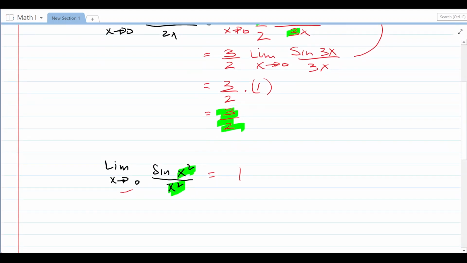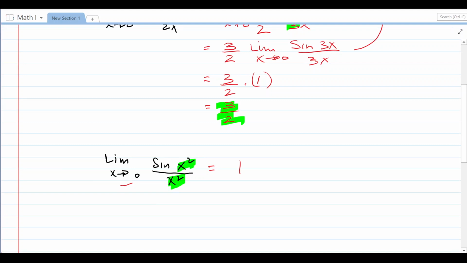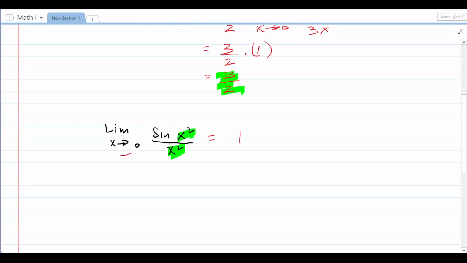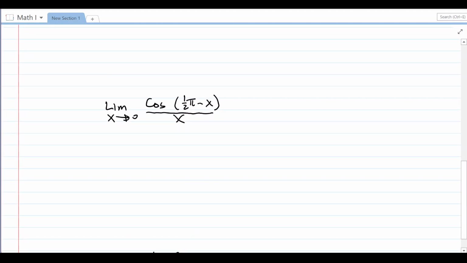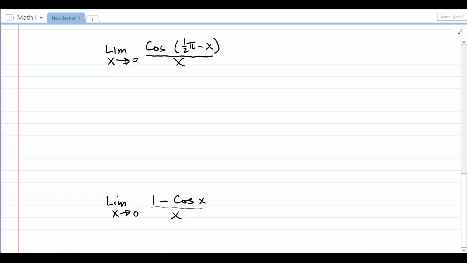Let's go through a different problem which is slightly more complicated. Okay, try this one. What's the limit of cos of half pi minus x divided by x as x approaching 0?